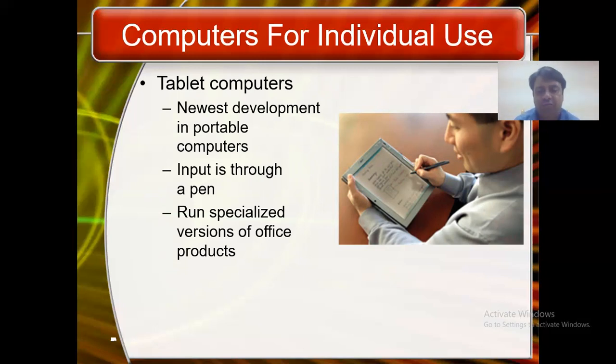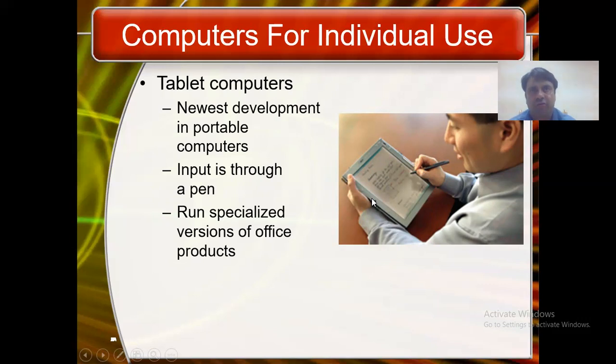Tablets are the newest development in portable computers, much smaller in size, normally 5 to 8 inches. And when we say tablet computer, a tablet computer always comes with a pen to write. Like in this picture, you can see there is a pen and a person is holding the tablet computer in his hand. So the input is given through the pen. They run specialized versions of office products.